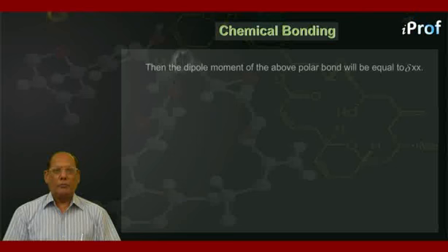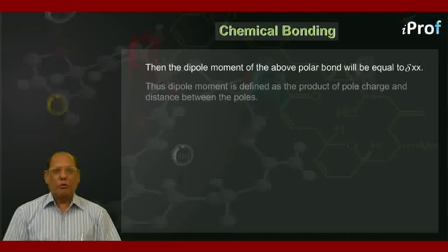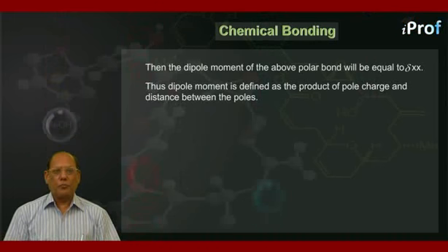Then the dipole moment of the above polar bond will be equal to delta into x. Thus, dipole moment is defined as the product of pole charge and distance between the poles.